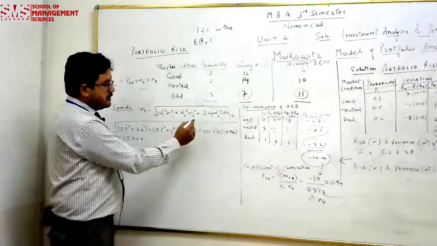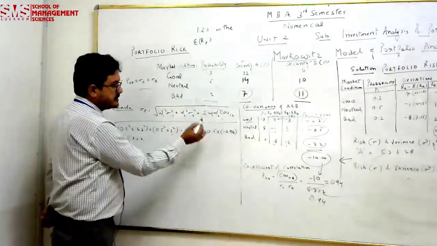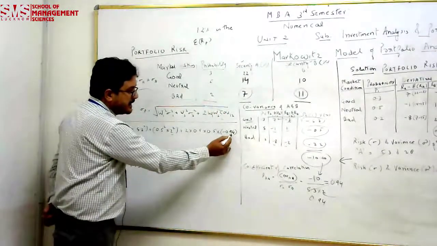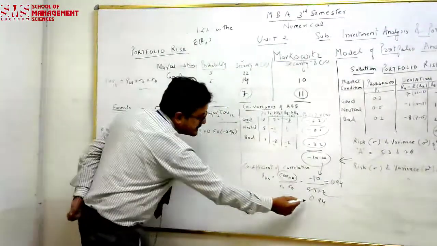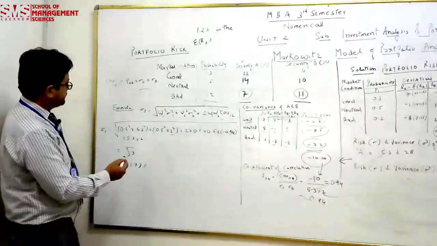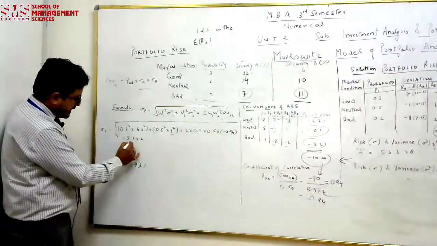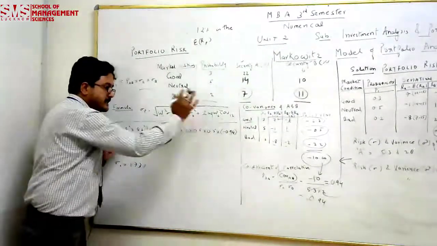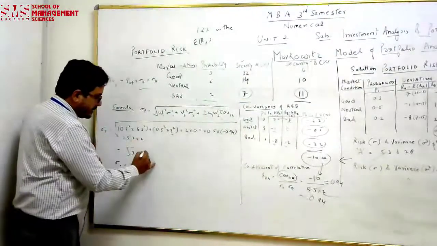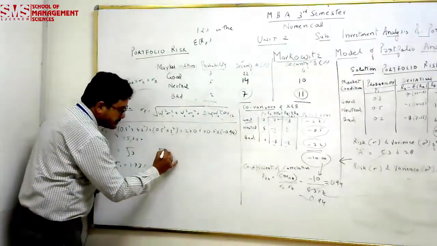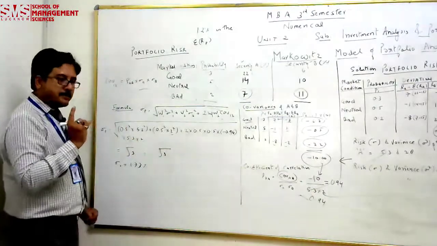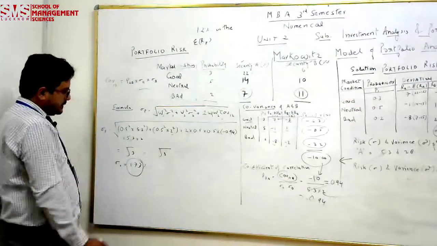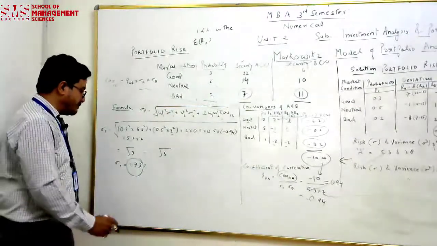Now here is the covariance weight, and the correlation of 0.94 into the standard deviation of A and standard deviation of B. After calculating all these things, we get a number under root 3, and by under root 3 we get 1.73%.